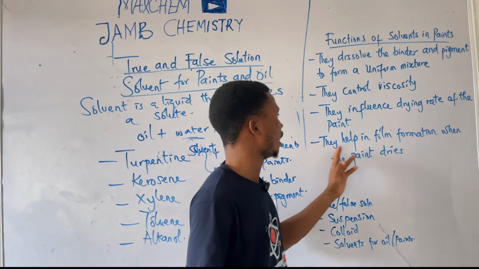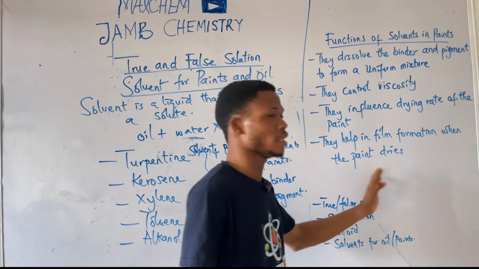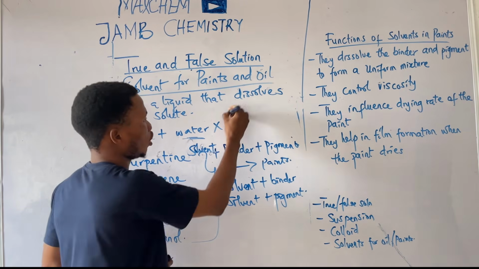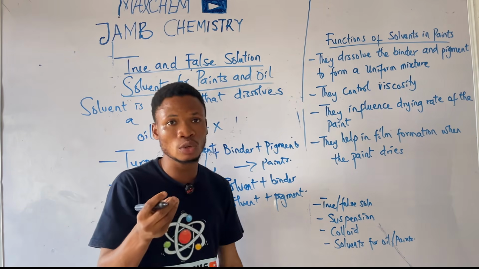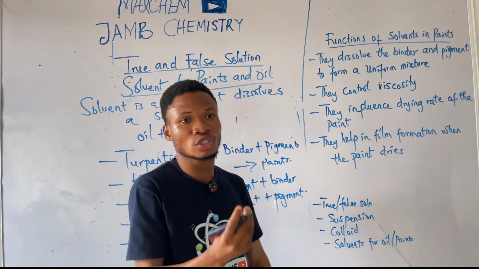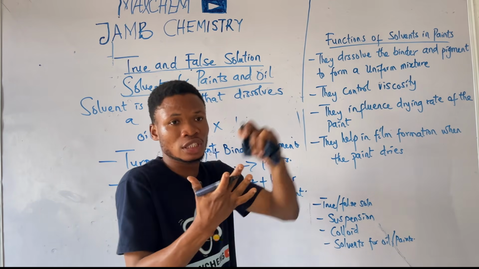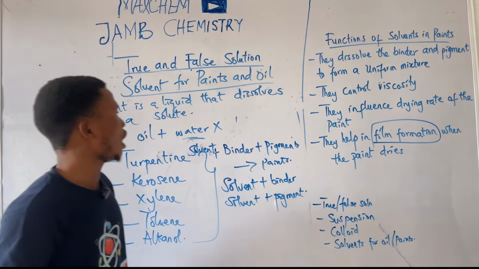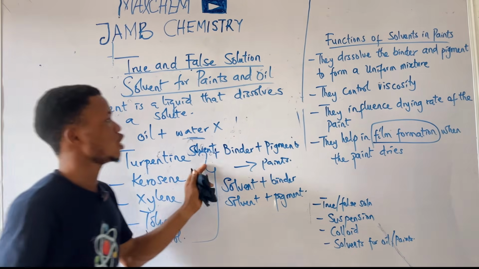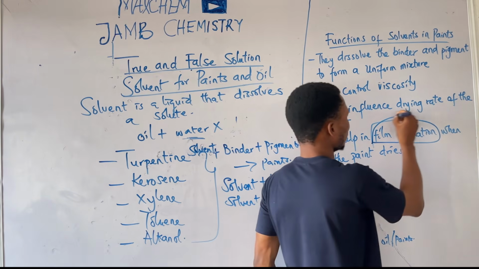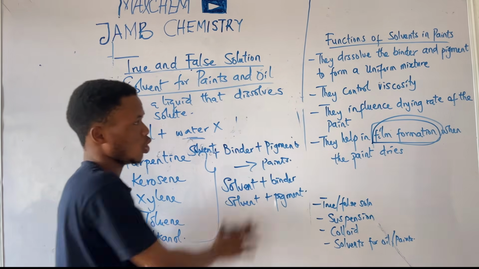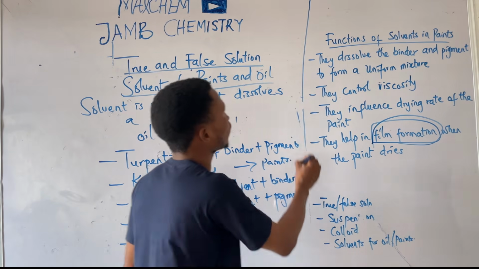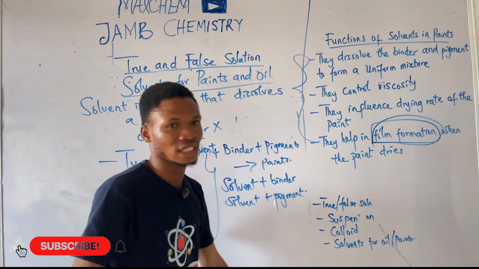Then the last one is they help in film formation when the paint dries. After you've painted a wall, for example, our paint will be liquid, and after we've painted the wall, it will solidify to form a kind of solid on the wall. So that is film formation. Our solvents help in that solidification of paint on the wall. So these are the functions of solvents in paint.